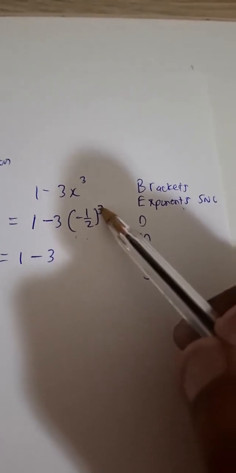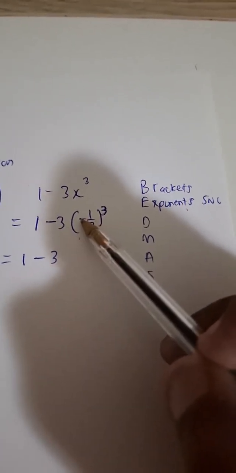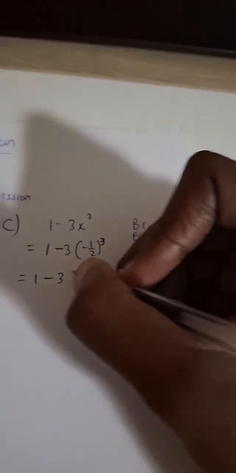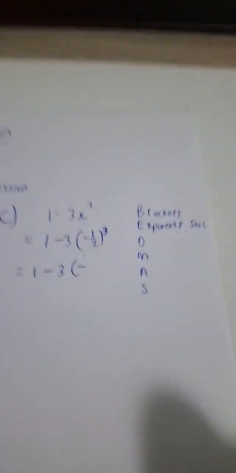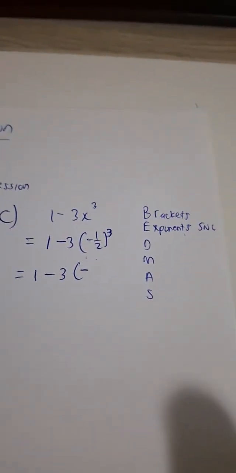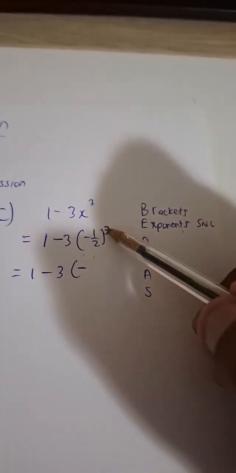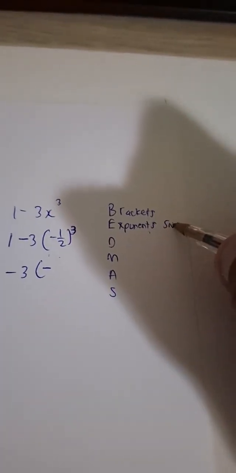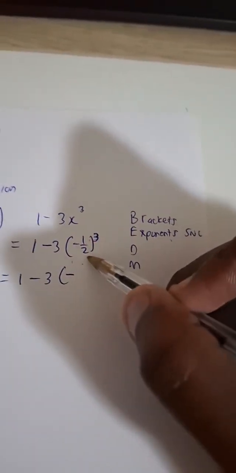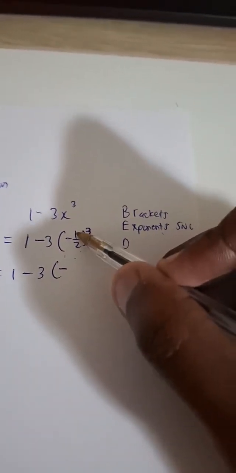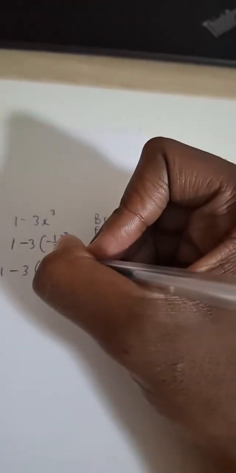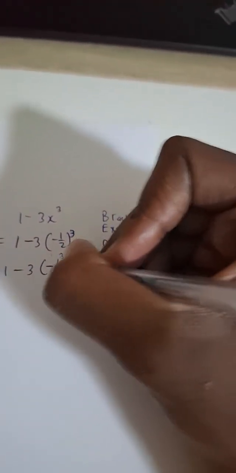When we apply this odd number exponent to the negative sign, what happens to the negative sign? It stays negative, doesn't change. All right. We apply the exponent now to the number, the numerator and the denominator. This is 1 to the power what? 3. 1 to the power 3 over 2 to the power 3. Okay, now I can simplify further.